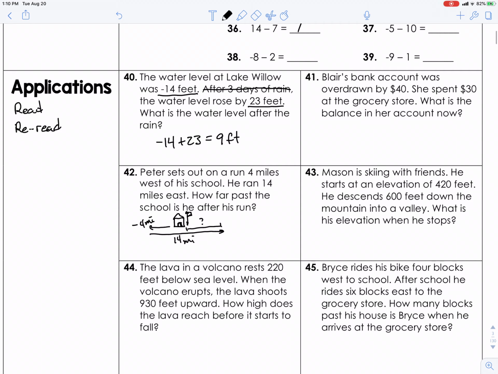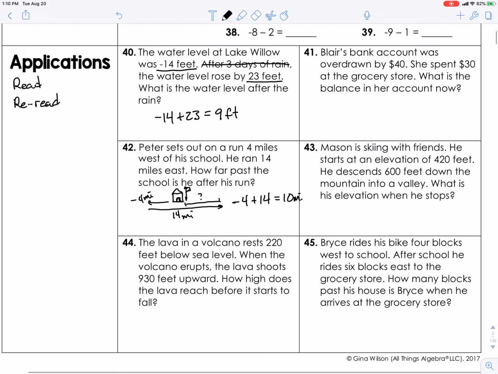Well, if we start at -4 and we count 14 units to the right, hopefully you'll figure this out. -4 plus 14 equals 10. Okay, he was 10 miles to the east of the school. Use a number line if that's confusing. Now, sometimes just the way these things are worded can be confusing. Okay, so just try to be careful. I'm just asking you to try these things on your own.